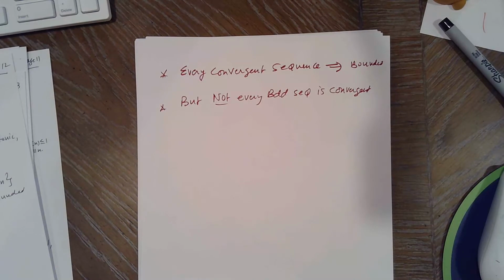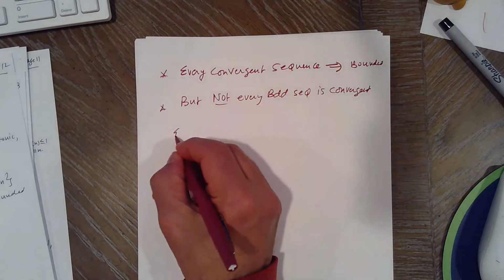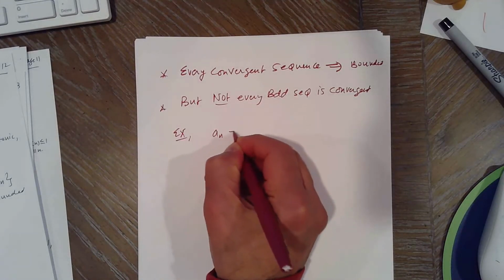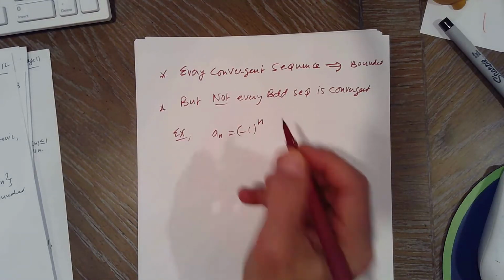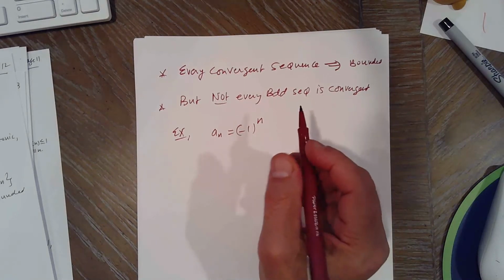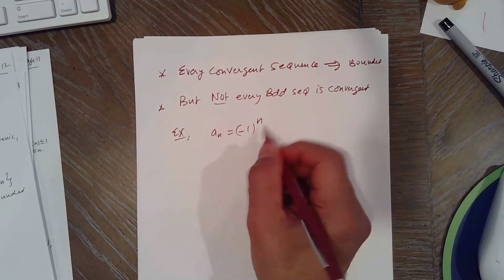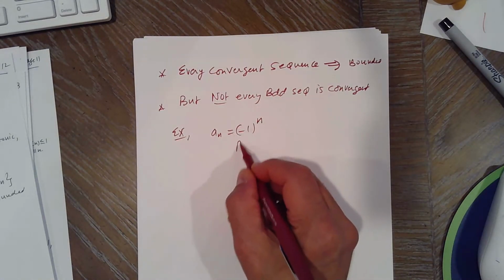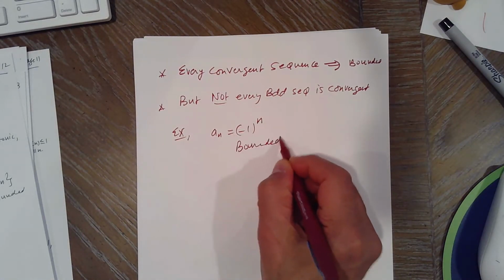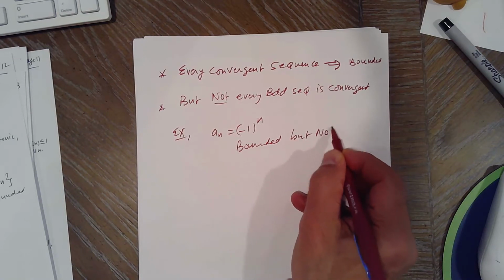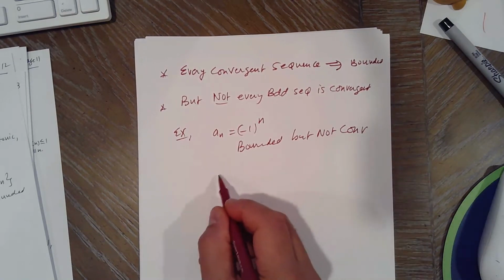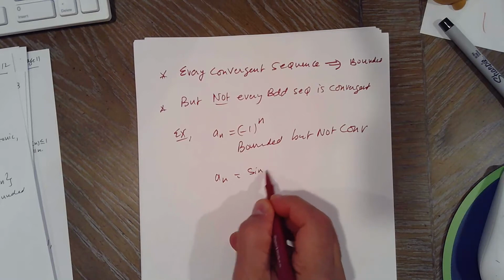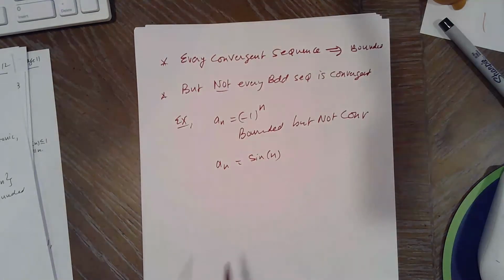It has to be bounded and monotonic, bounded above and increasing, or bounded below and decreasing. For example, a_n = (-1)^n is bounded but not monotonic, so it's not convergent. Same with sin n. Sin n is bounded but not convergent. Okay.